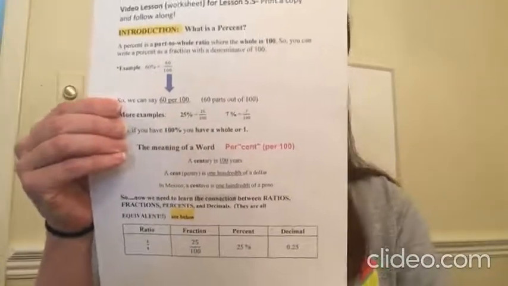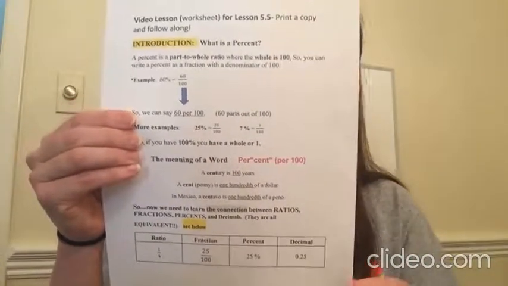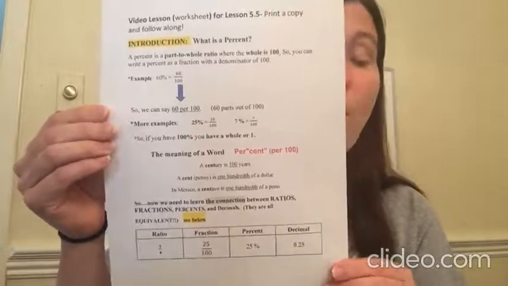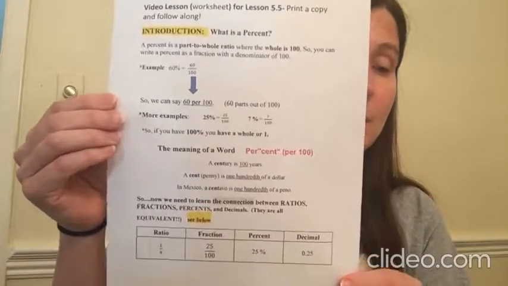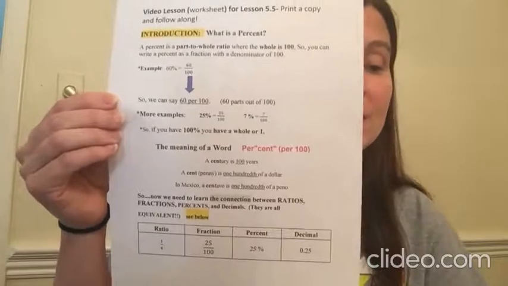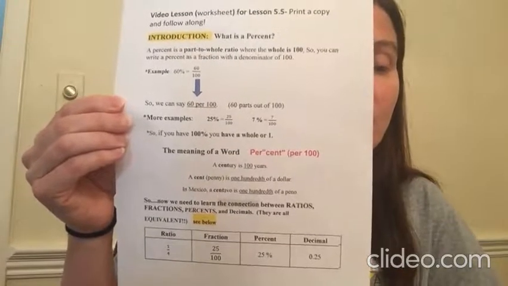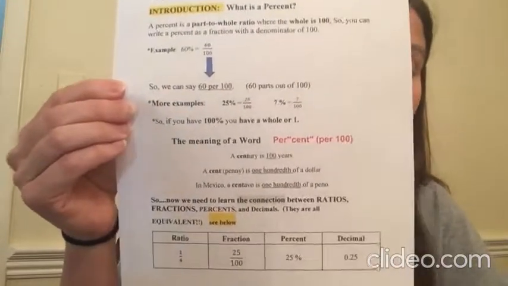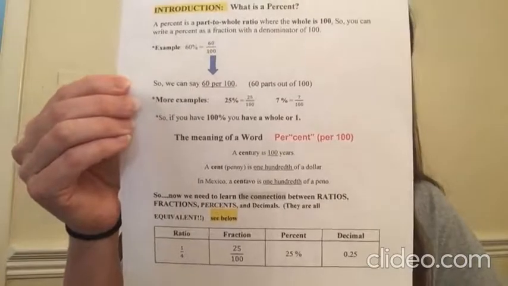Okay, introduction. What is a percent? A percent is a part to whole ratio where the whole is 100. So you can write a percent as a fraction with a denominator of 100. So 60% is 60 out of 100.